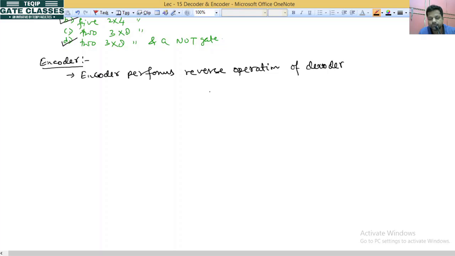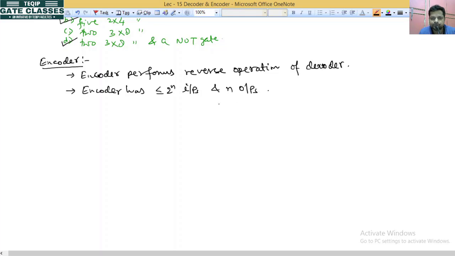Reverse operation means the outputs that were in the decoder will be the inputs in the encoder, and the inputs that were in the decoder will be the outputs in the encoder. The first thing is clear. So with this, encoder has less than or equal to 2 power n inputs and n outputs.